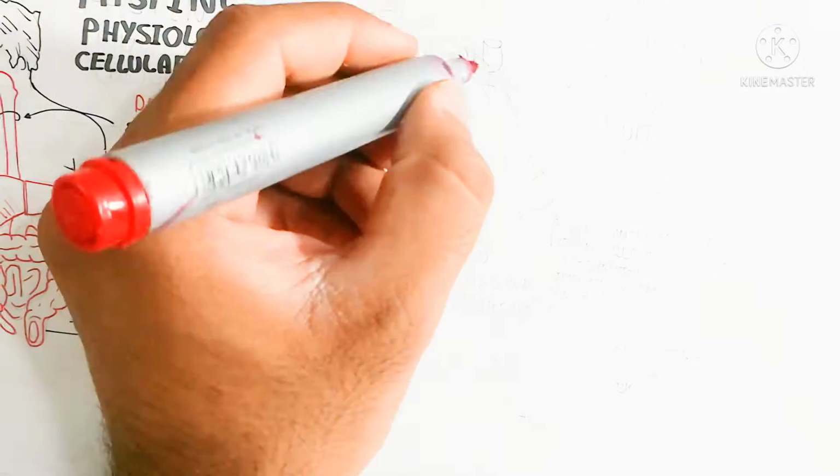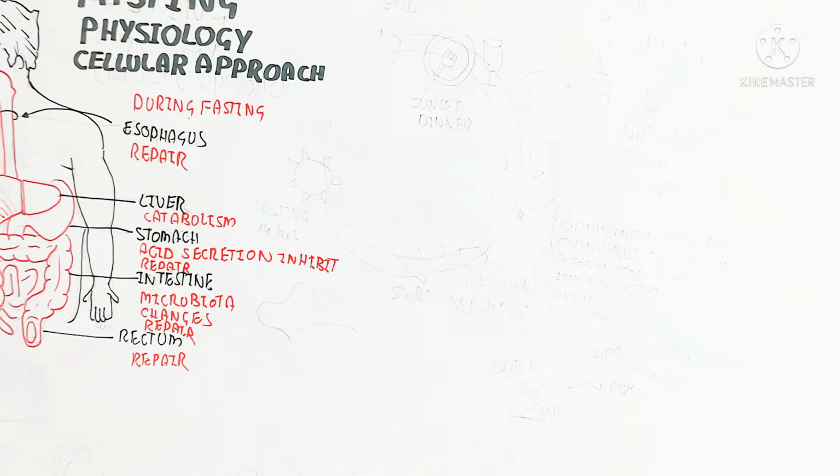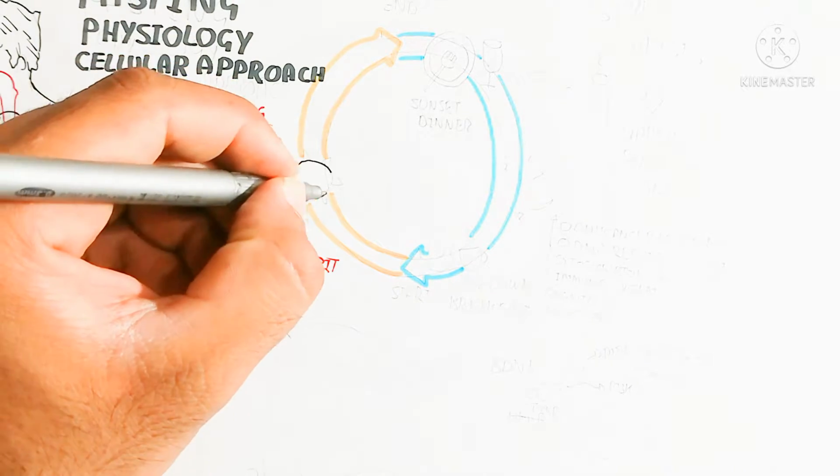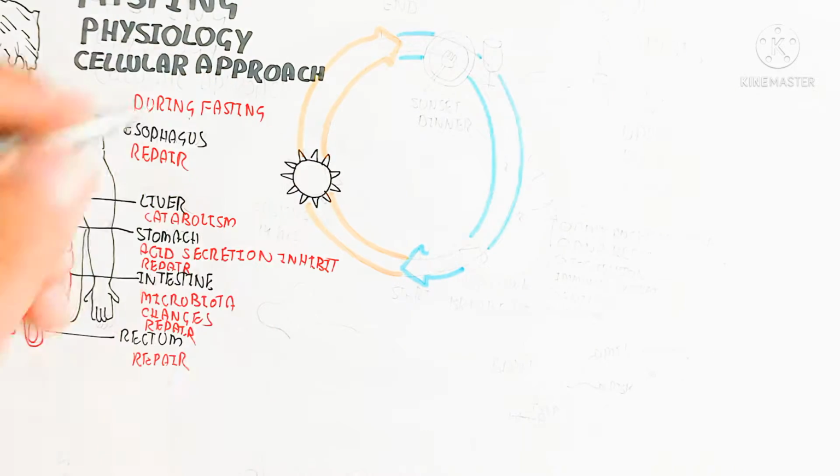The microbiota improves in the intestine, and the rectum is also used for repair.